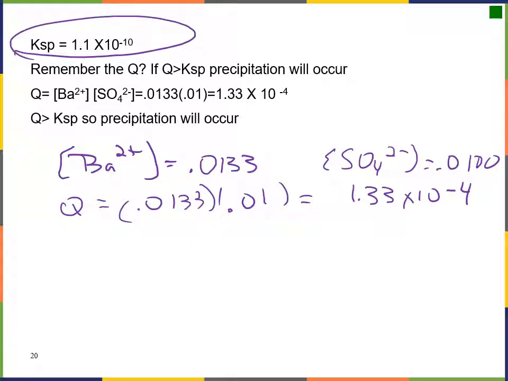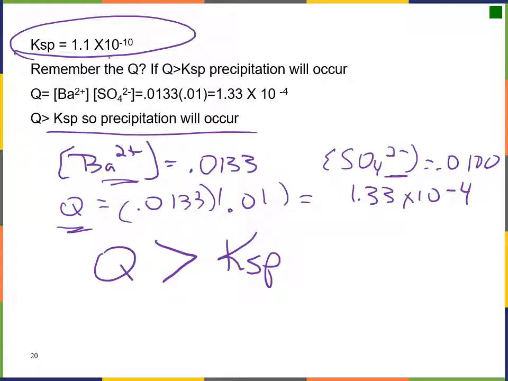Now, we've got KSP. If we compare Q and KSP, Q is much bigger than KSP, which means in this calculation, or in this experiment, we have more of these ions than are soluble at equilibrium. So because Q is greater than KSP, we will get a precipitate. So a precipitate will form.